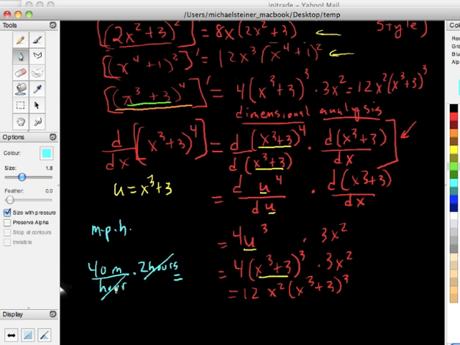Hours divided by hours is 1, and we'd be left with 80. So that's the dimensional analysis part of the derivative.